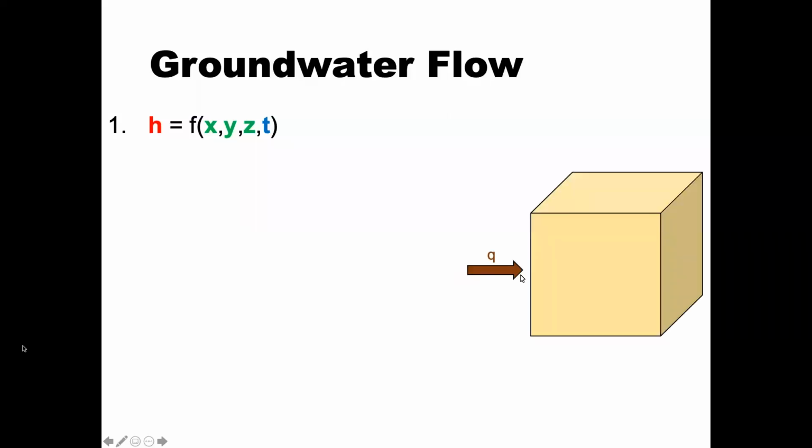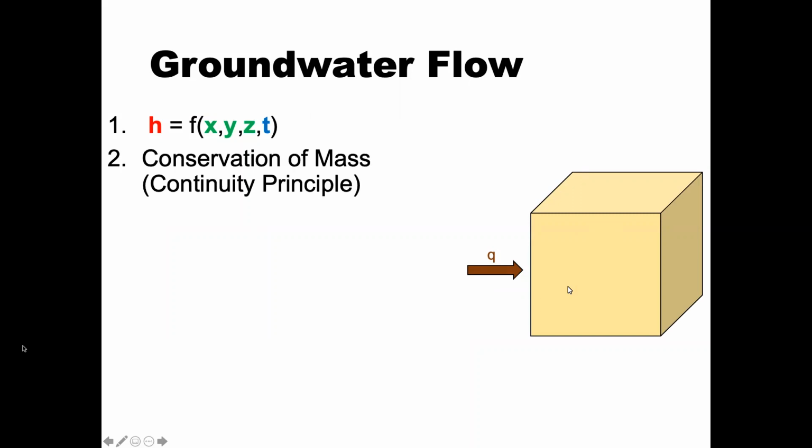We have maybe flux of water coming in, and we can think about what that means for the head distributions across the system. We also know that groundwater flow, even throughout time, is based on continuity principles. We've talked a lot about conservation of mass. What comes in should be equal to what's going out of the system itself.